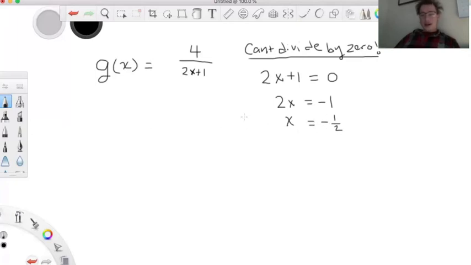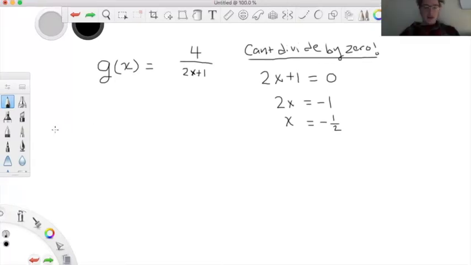So to write out the actual domain, so we're writing the domain. For interval notation, we'll say negative infinity, comma, -1/2.